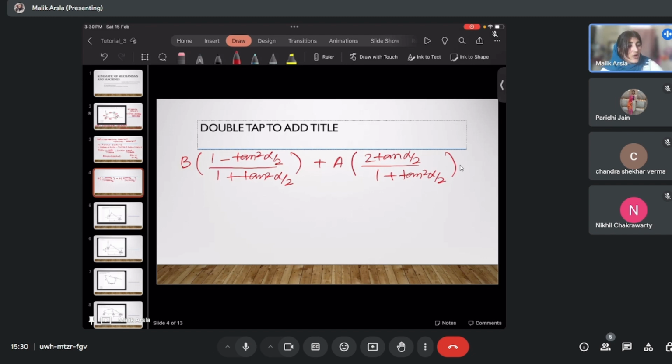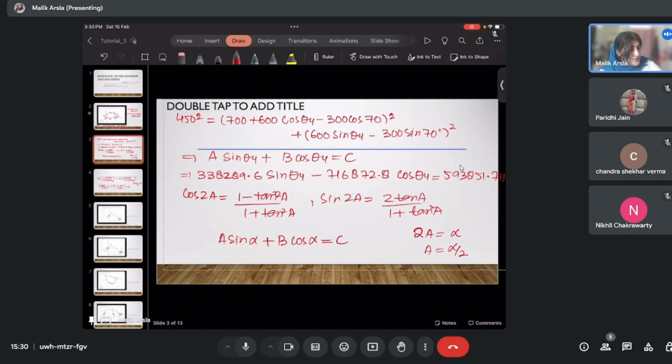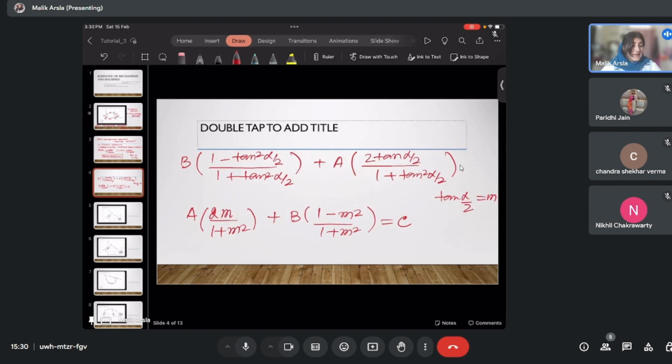So let's call tan alpha by 2 as m, because this equation is looking a bit messy. So we can write it as a into 2m upon 1 plus m square plus b into 1 minus m square upon 1 plus m square. On the left hand side we have simply c, right? We didn't make any substitution for c in this equation. So it is simply like that. Any doubt till here, or is it clear to you?